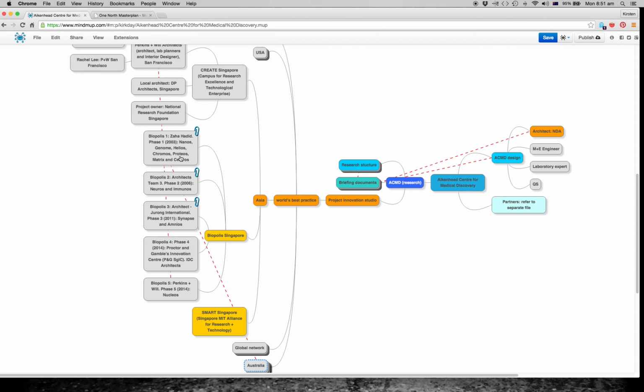So we need to understand where everything sits within the context of everything else. Understanding why I'm looking at this in order to be able to answer this. So I'm looking at existing laboratories and how they work, and in terms of the planning and the function, in order to be able to inform what this design is.